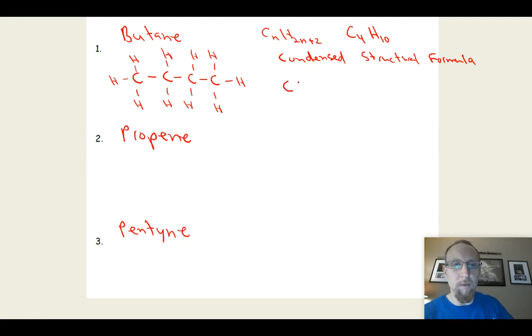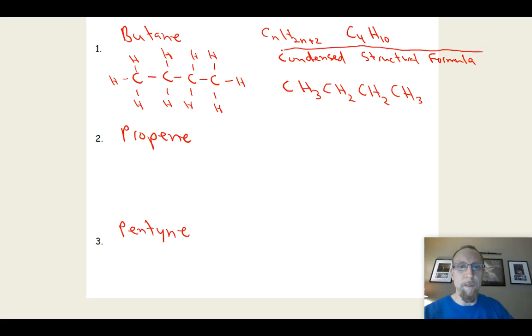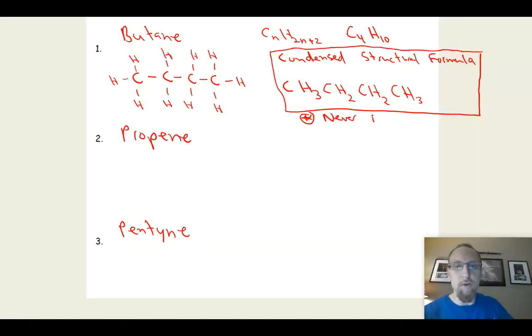So like for this, it would be CH3 for the 3 hydrogens, and then the next carbon only has 2 H's. So does the next carbon. And then the last one again has 3 H's. So this is what we call the condensed structural formula. All right, so be aware of this, that it exists and what it means, but never draw this.